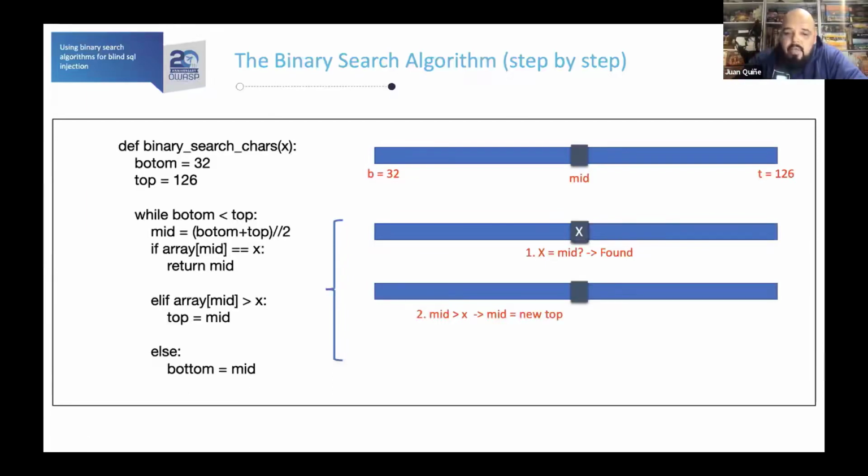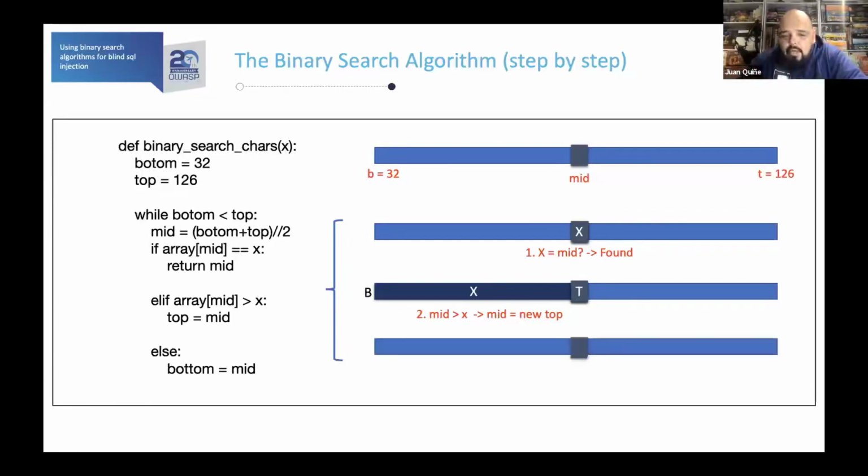If the middle character is greater than X, it means X is probably in the first part of the array of characters I'm going to ask, and the middle one becomes the new top, so I shorten the list of data.